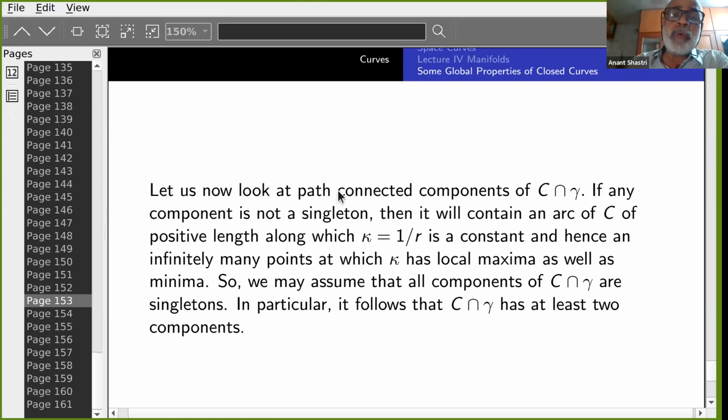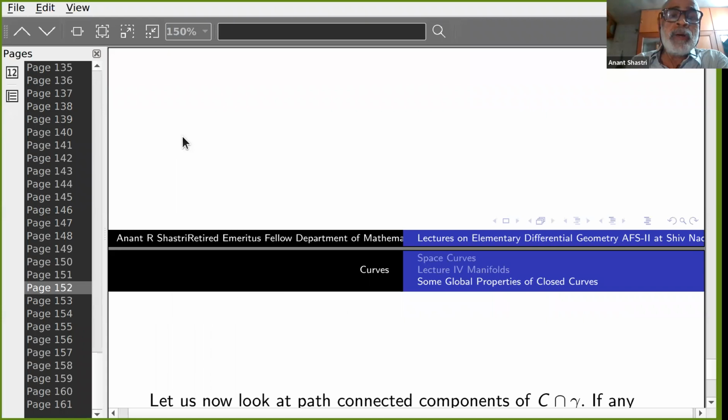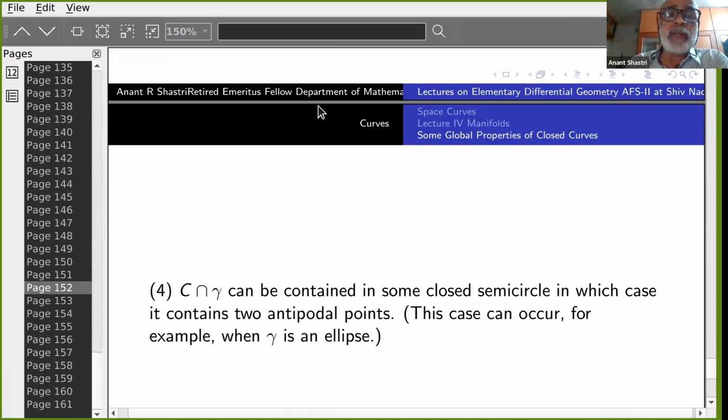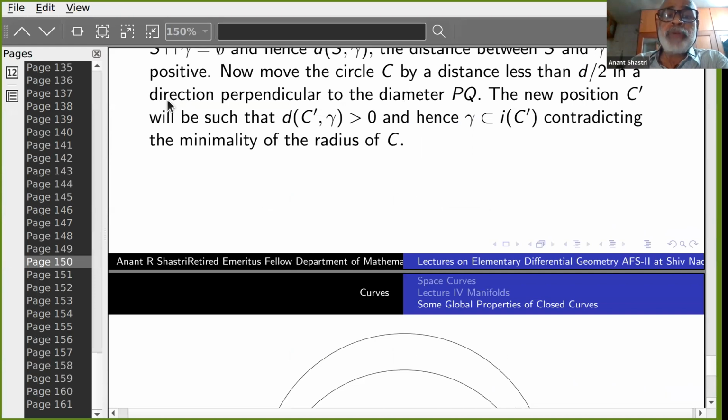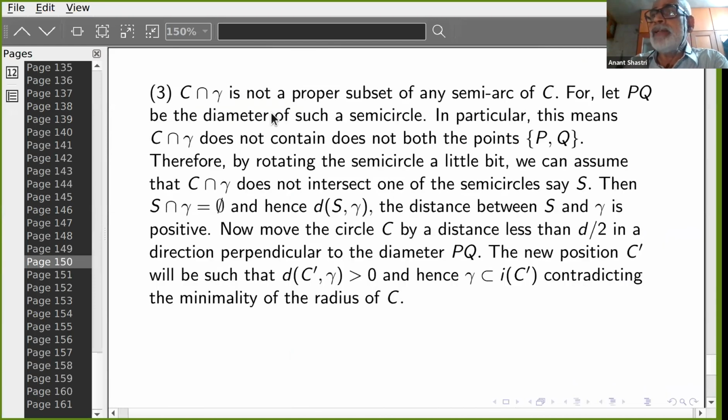Then this says there will be a smaller circle, right? Observation 3 says one single point would be contained inside a part of the semicircle. That is not possible. It must have at least 2 points, and that can happen. An example is the ellipse. The worst case can happen, that is the ellipse.